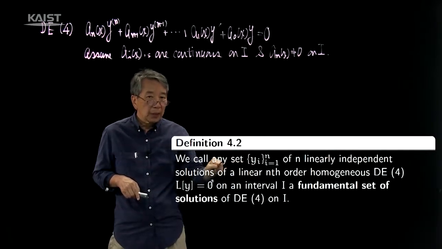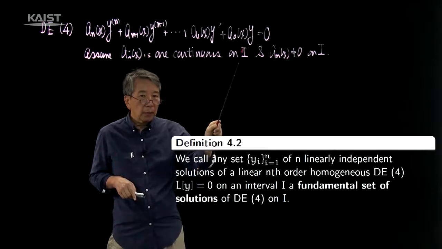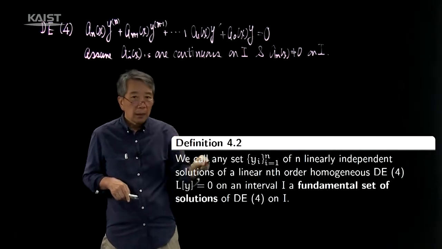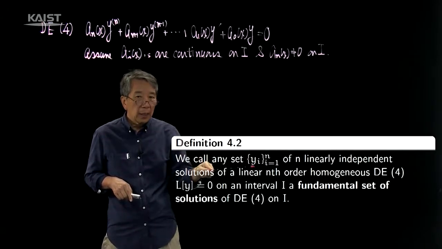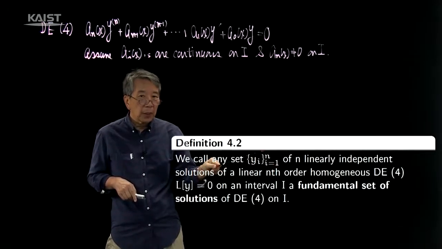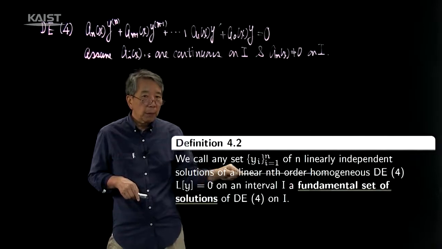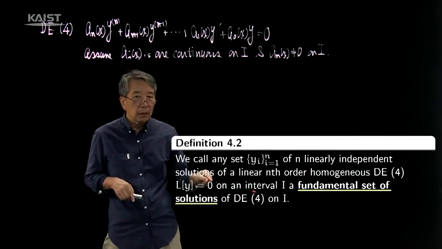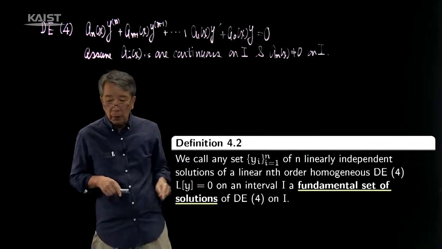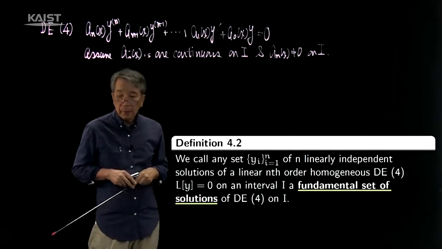We should have exactly n linearly independent solutions. Then we call the set y sub i, where i is moving from 1 to n, a fundamental set of solutions of differential equation 4 on this interval.